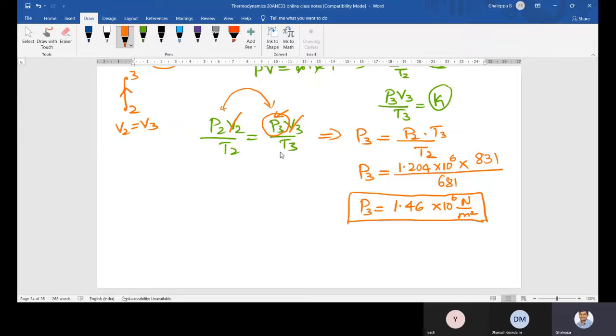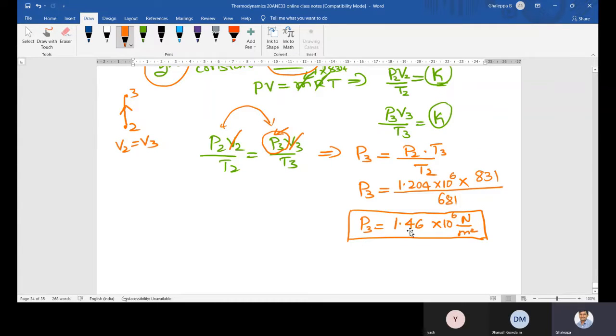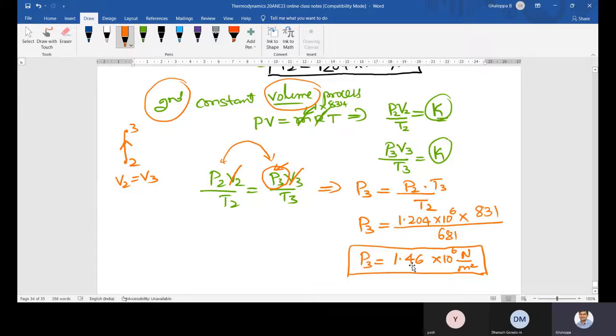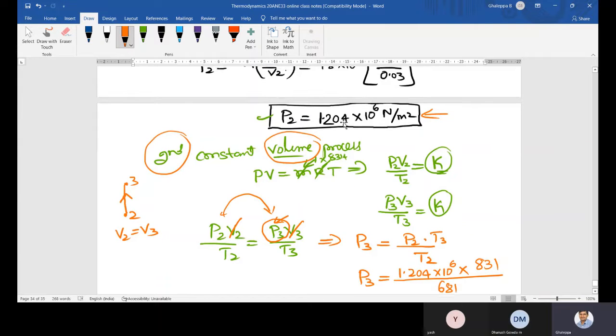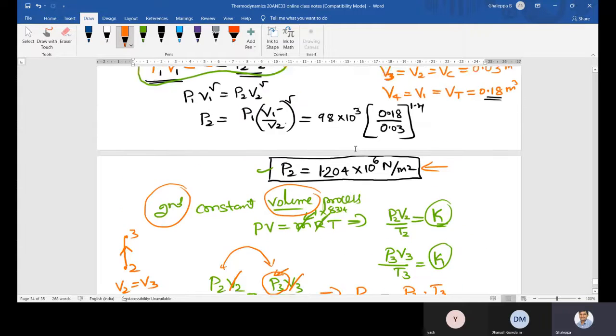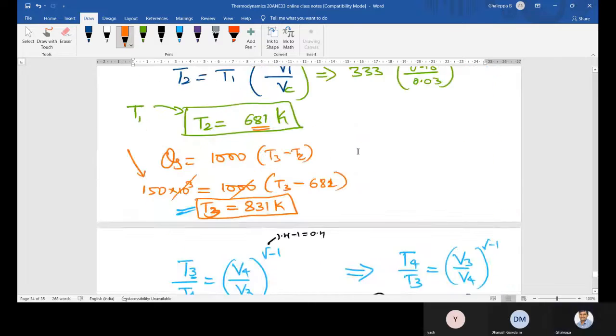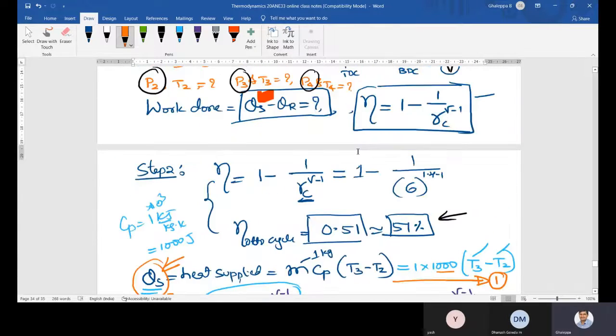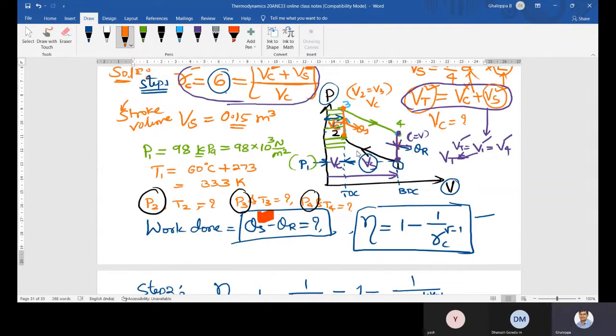And dear students, whether these calculated values are correct or wrong, how to identify? Due to some calculator mistake, you may sometimes get a wrong value. So how to cross check? Just go back to the PV diagram. In the PV diagram, point number 1 is here, this value is 98.